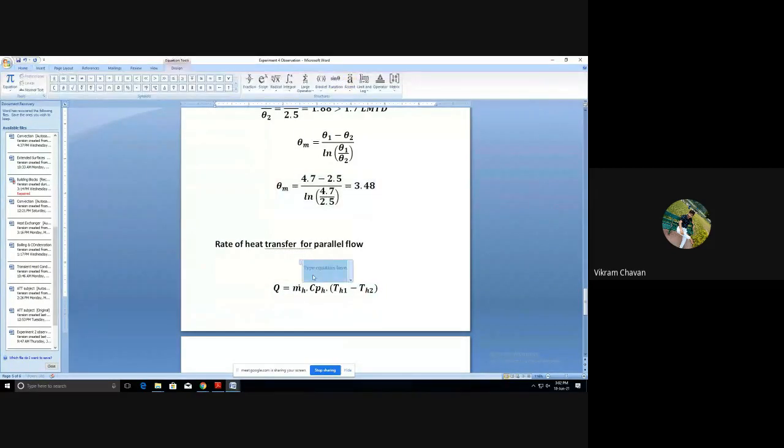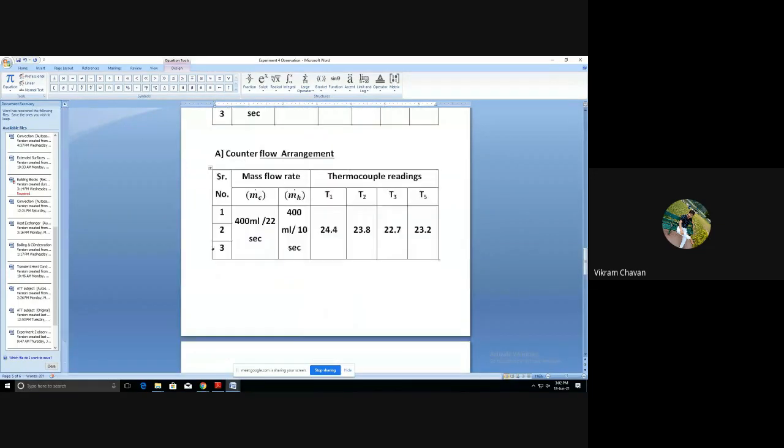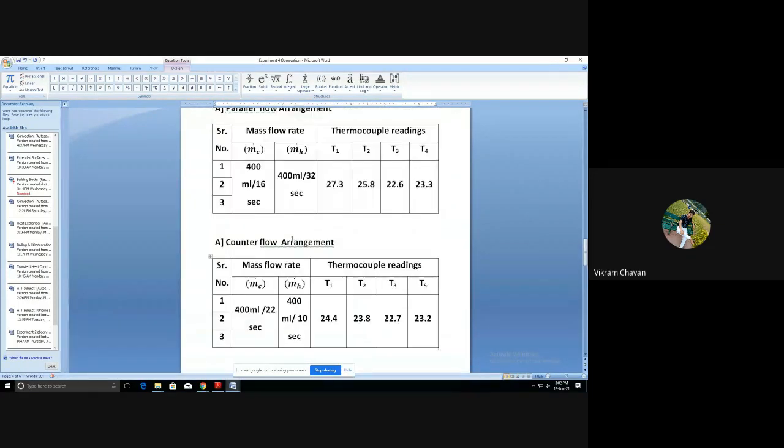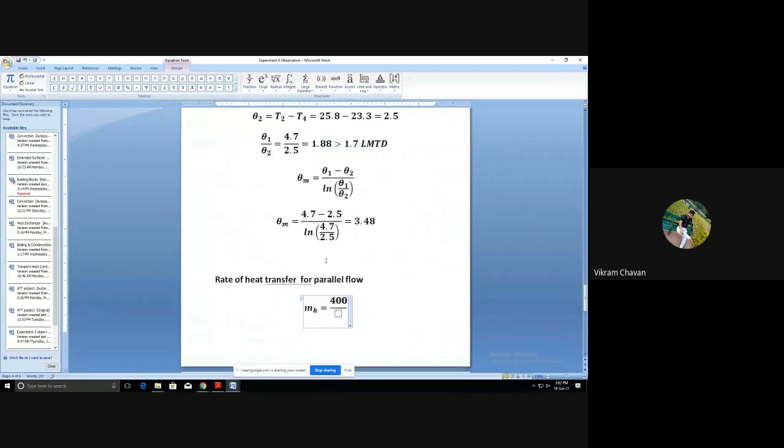For the hot fluid, m dot h is 400 ml divided by 32 seconds.